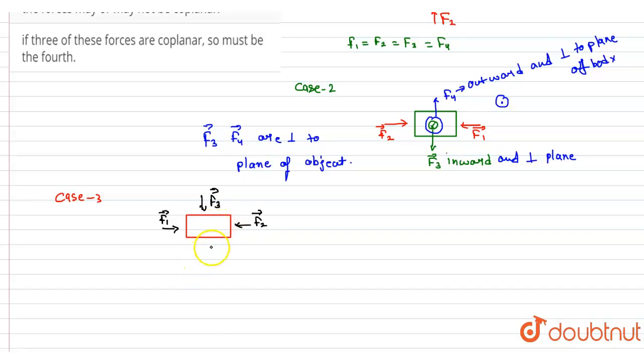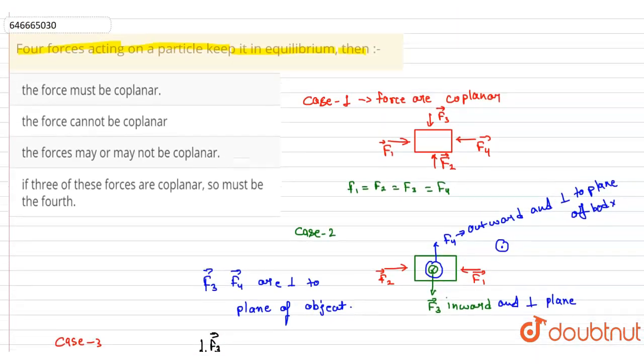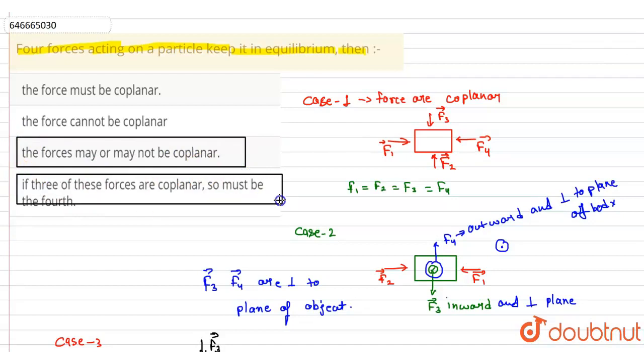So the fourth force must act in this direction, which is in the plane of the object. So according to this, option D is also correct. So the correct options are option C and option D. Option C is correct and option D is also correct.